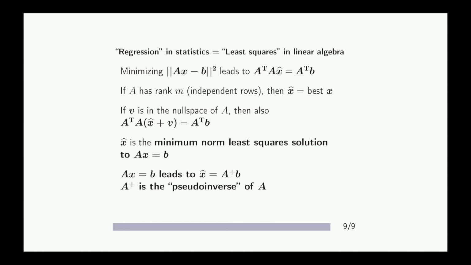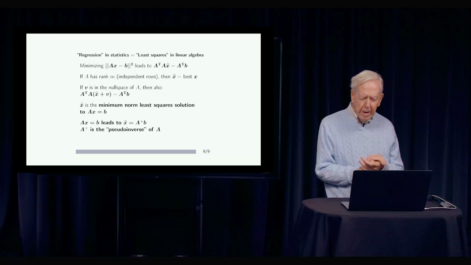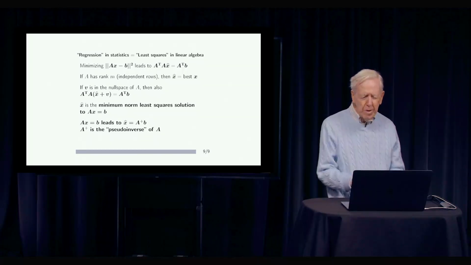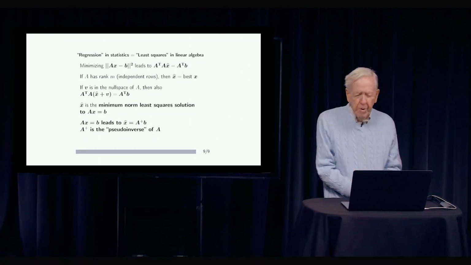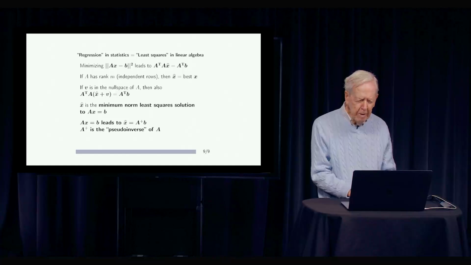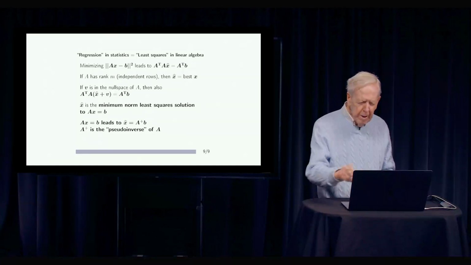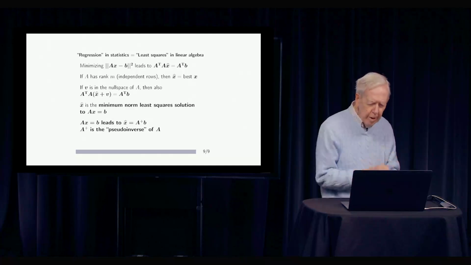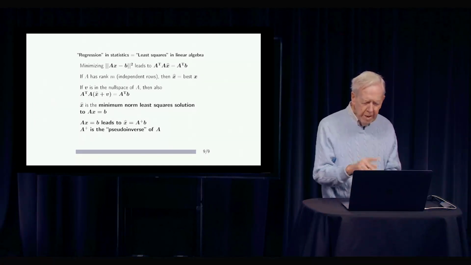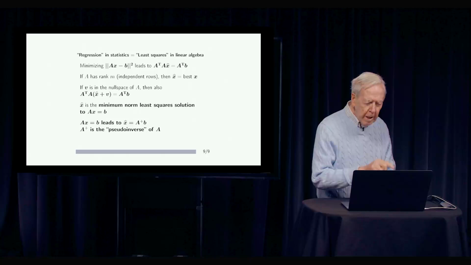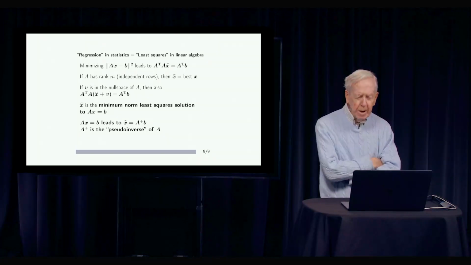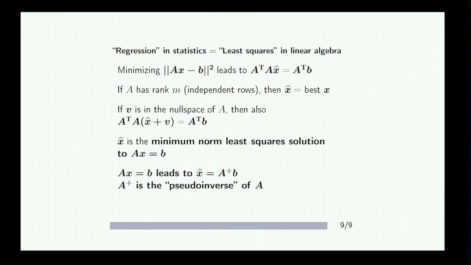In other words, you could see that by calculus: if you took the derivative of Ax minus b squared, because you always take derivatives if you're minimizing something, and set them to 0, it would lead to that equation. That square brings in an A transpose, and that's the equation you get. So that's the equation that least squares problems have to solve.